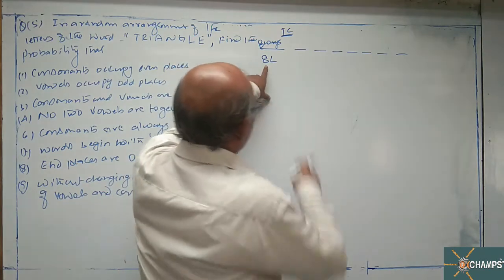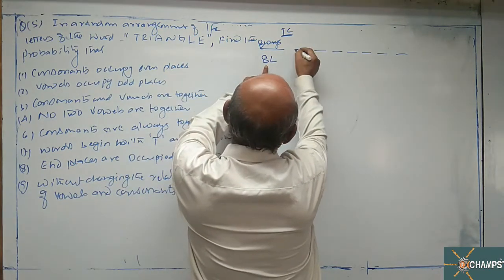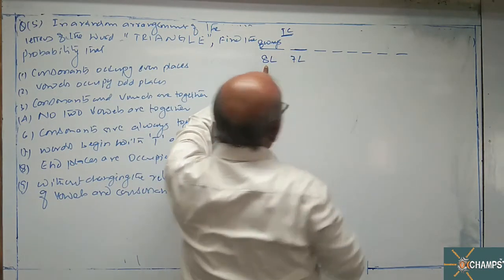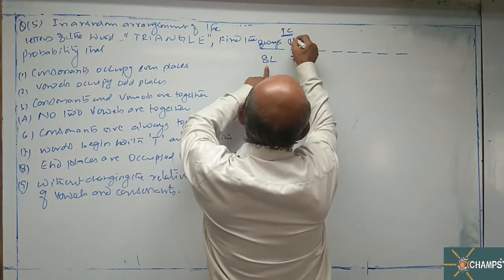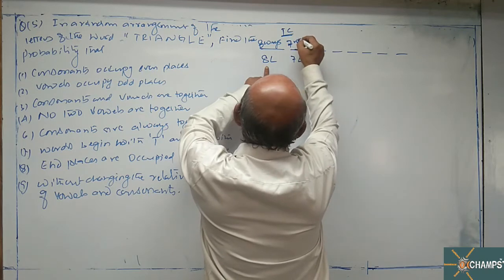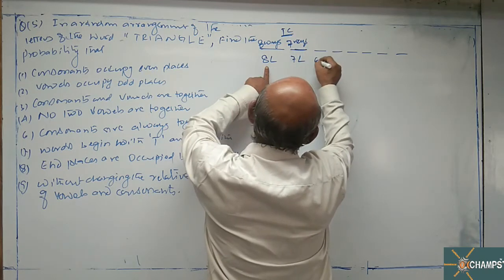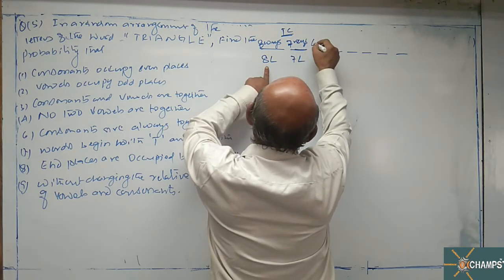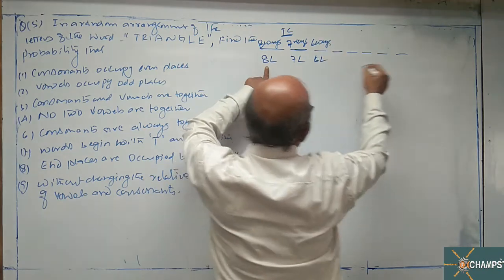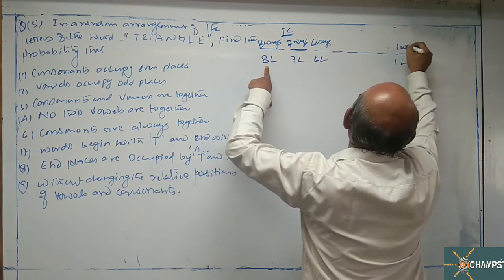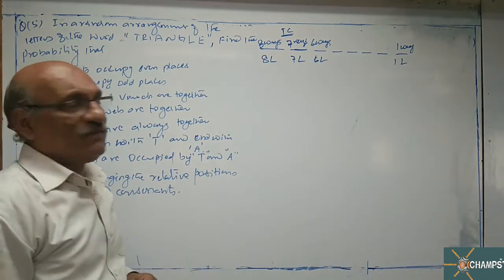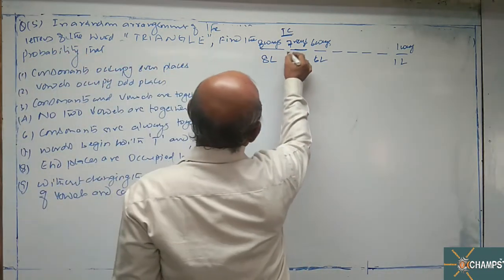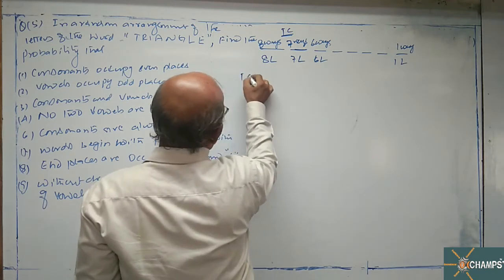Leaving one letter here, how many letters I can carry forward to the next place? Only 7 letters. So this place can be filled in 7 ways. Next place, 6 ways. This way if I move, last place I have only 1 letter. Therefore this place can be filled in 1 way. All the places simultaneously you have to fill up.